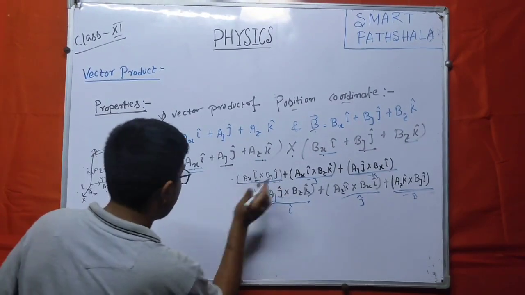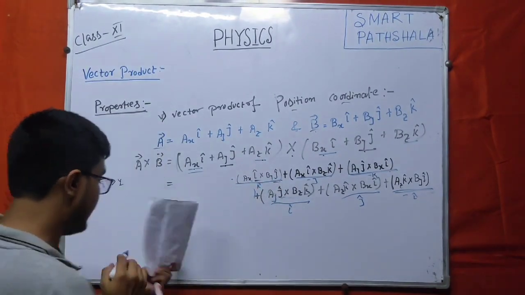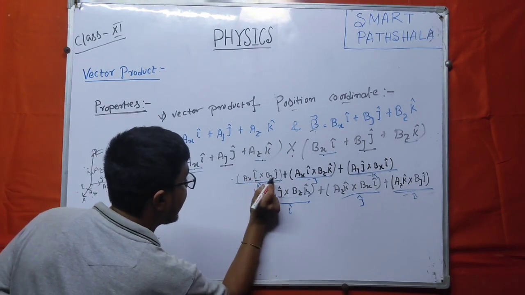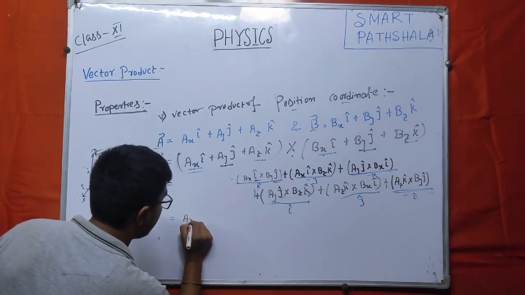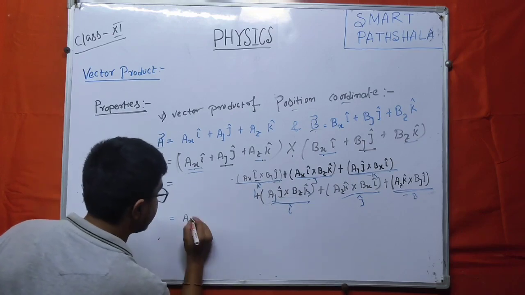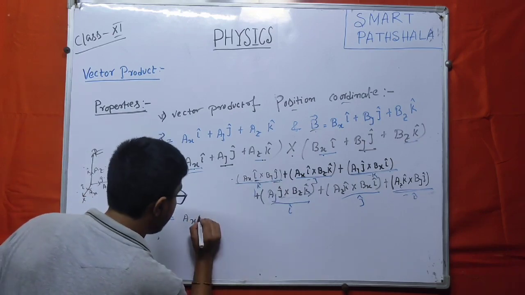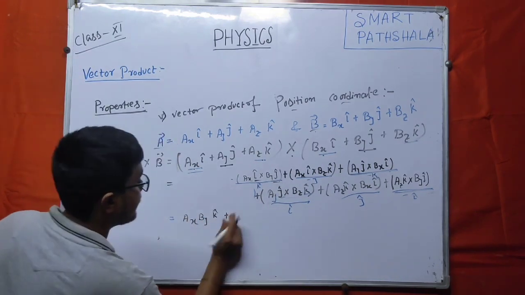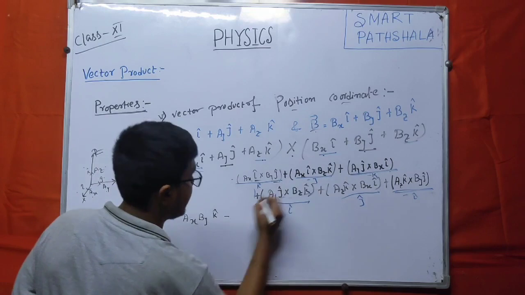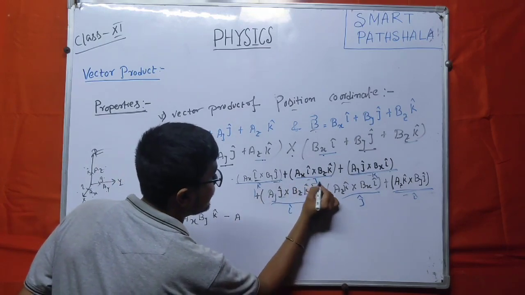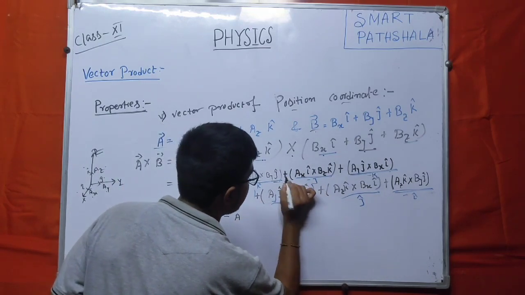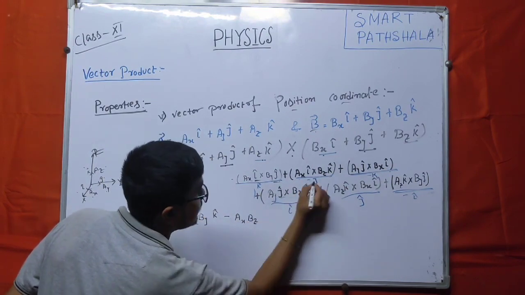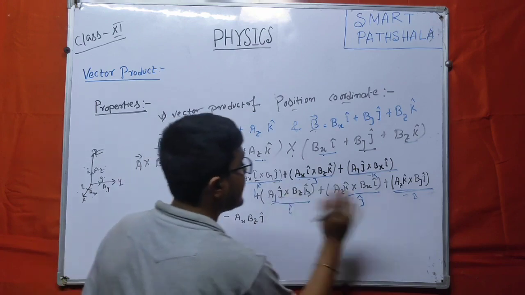Thus the first part will become ax by k cap, minus ax bz j cap, the minus sign is from minus j.